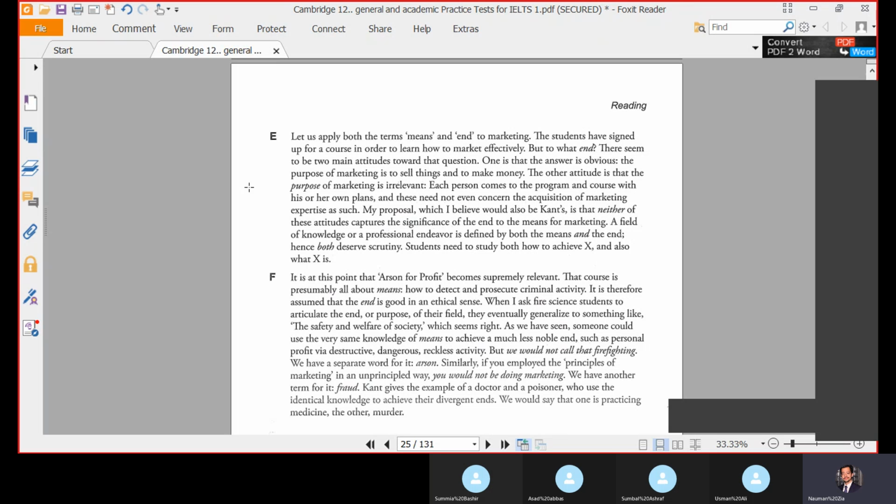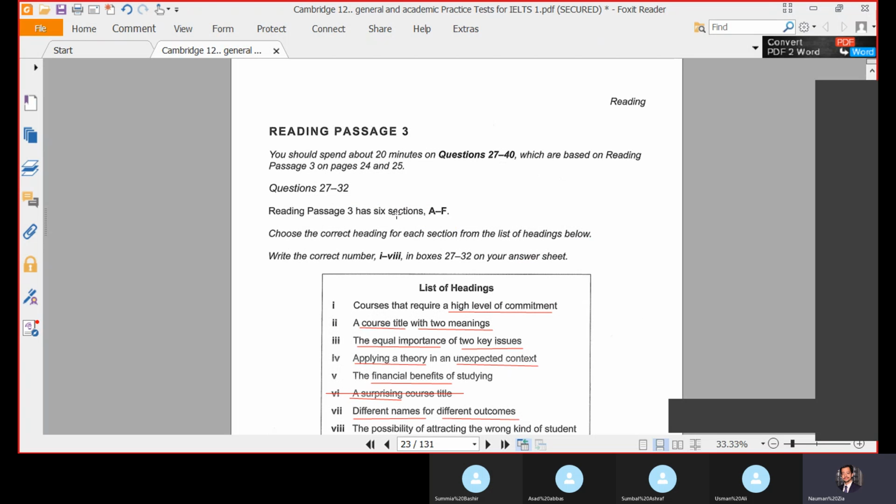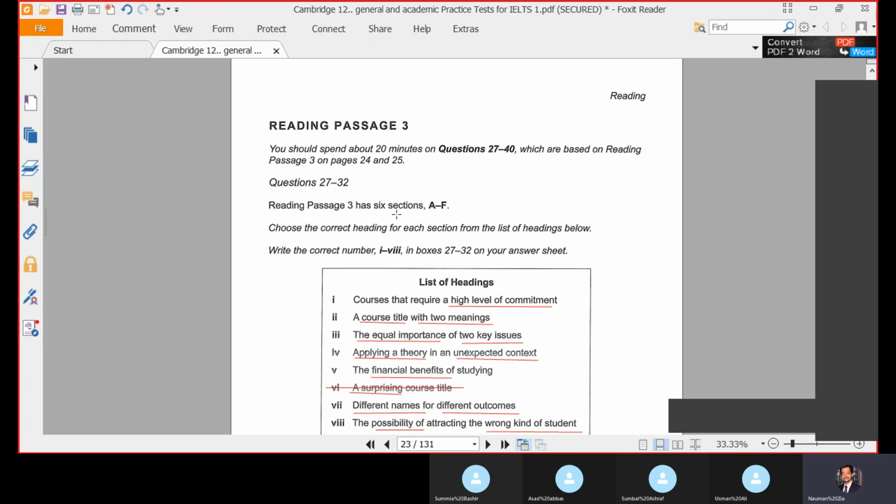Similarly, if you employ principles of marketing in an unprincipled way, you will not be doing marketing. We have another term, not two meanings. Again, a doctor and a prisoner means he is talking about two different things side by side who have different outcomes, different results. So finally, if we see, the answer will be 7 or 2.